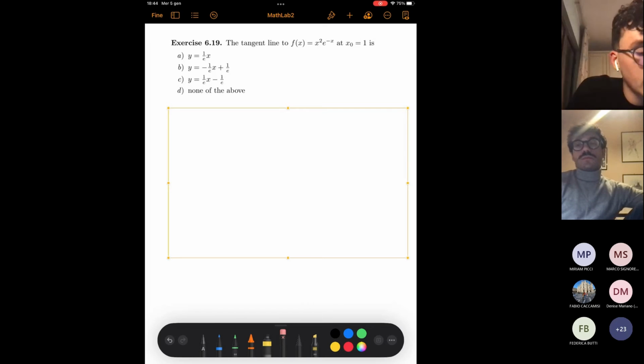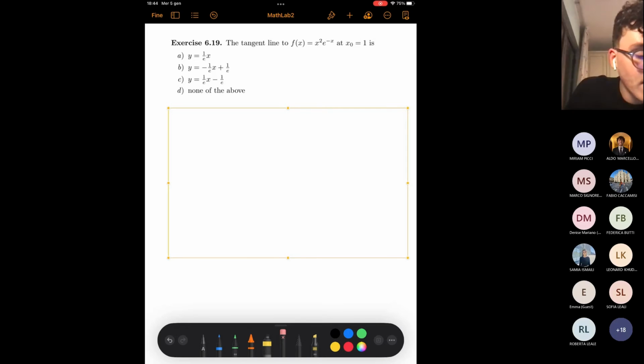So we just have to calculate f prime times g plus g prime times f.